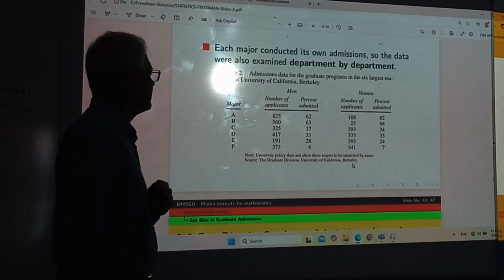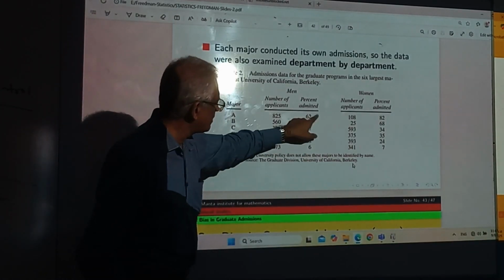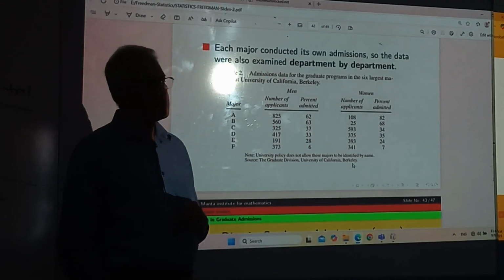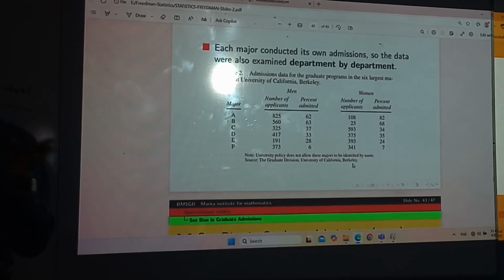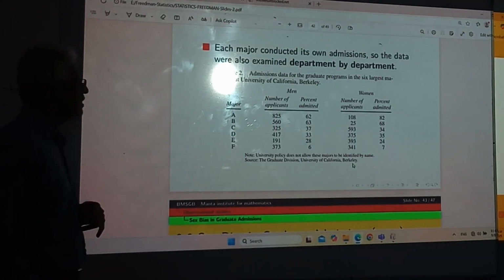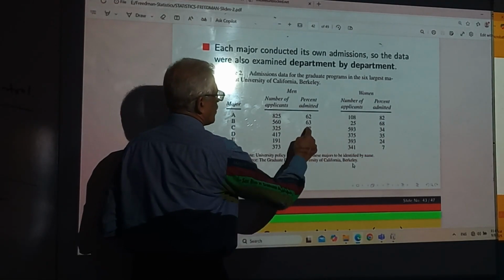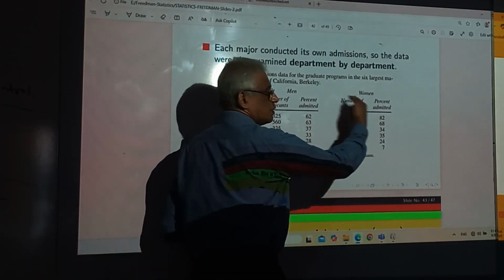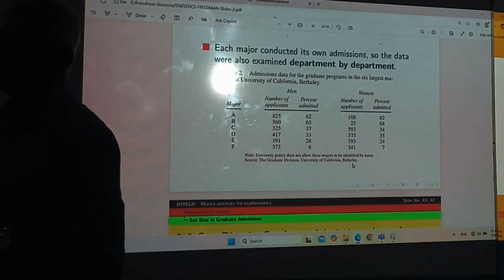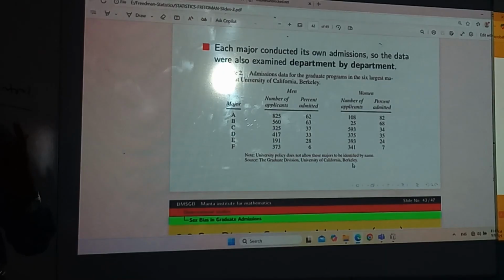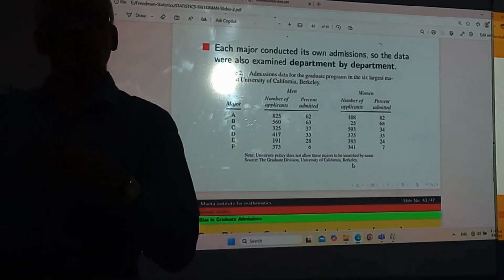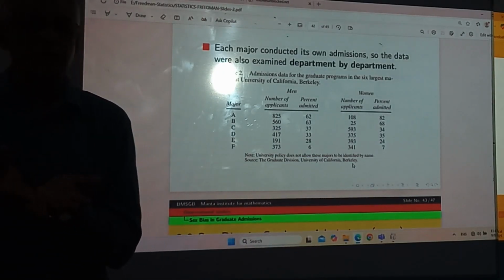Now, if you look at these percentages, you can see which departments are selecting more students generally, without any gender bias. You can see that these percentages are smaller than these percentages here and here in both. So you can see that some departments are easy to get into. Some departments are selecting most of the people who come for the interview, a high percentage.